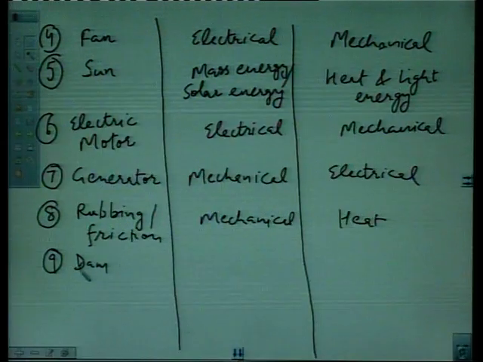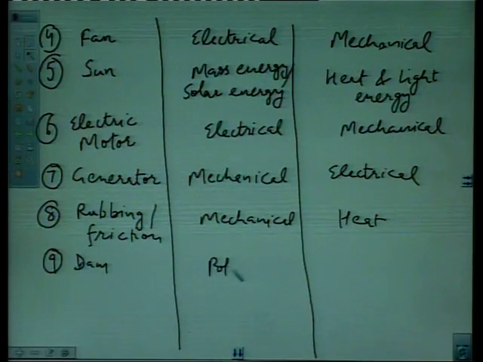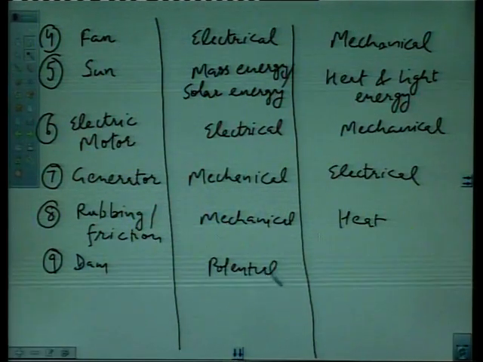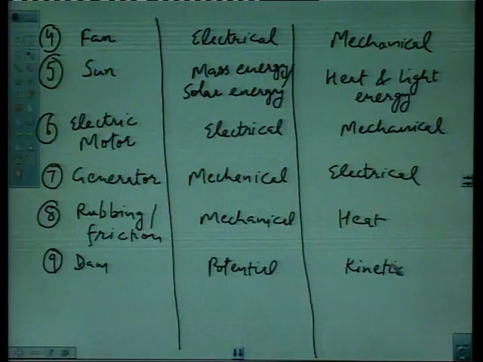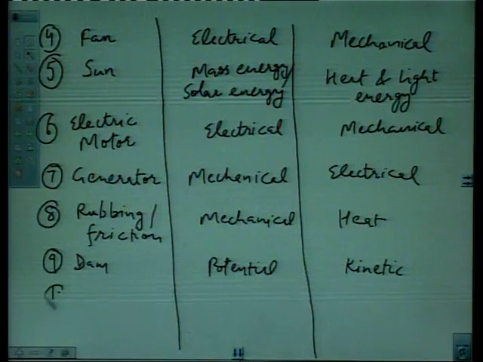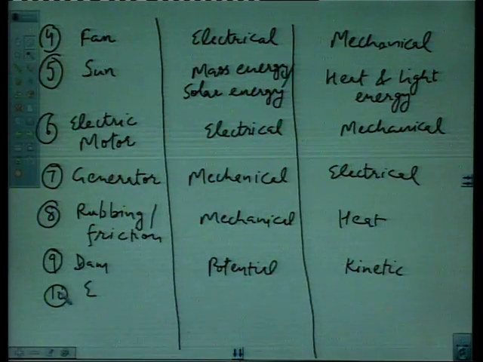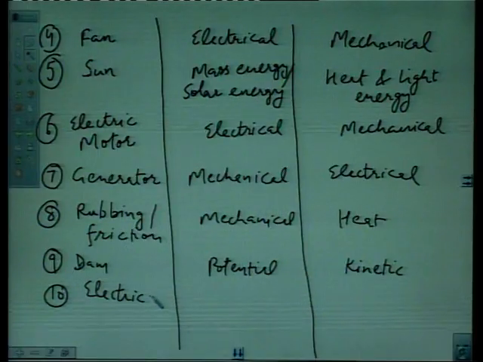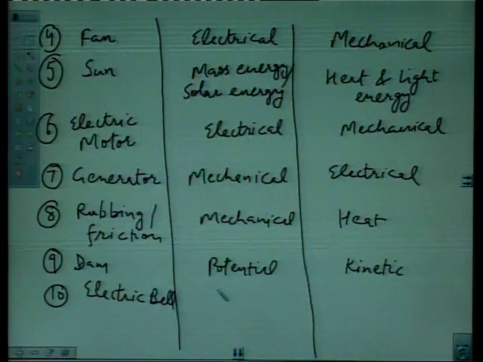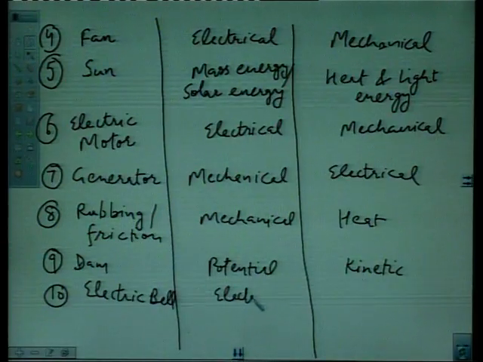In case of a dam we have stored water, so here we have potential energy and it is getting changed into kinetic energy. Then electrical bell. In a bell, electrical energy is changed into sound energy.